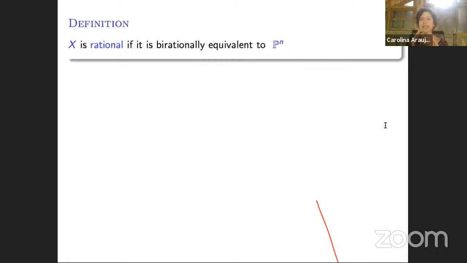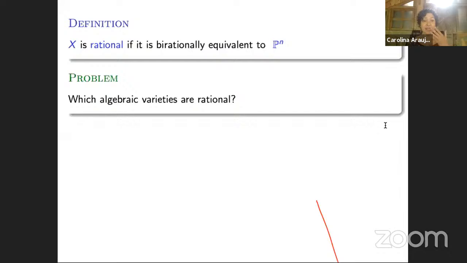For instance, let's take one of the simplest projective varieties, the projective space itself, P^n. Then we say that a complex projective variety is rational if it is birationally equivalent to P^n. And so this is now a very important problem in birational geometry.